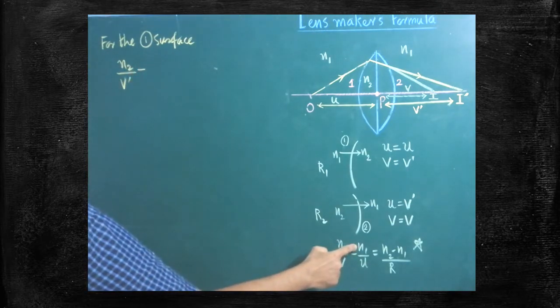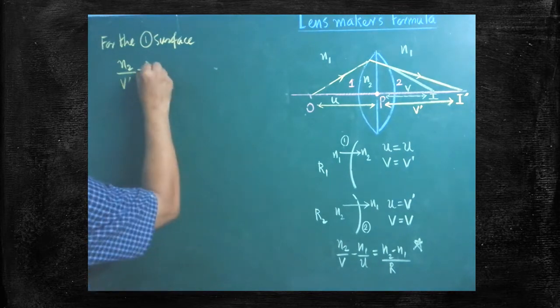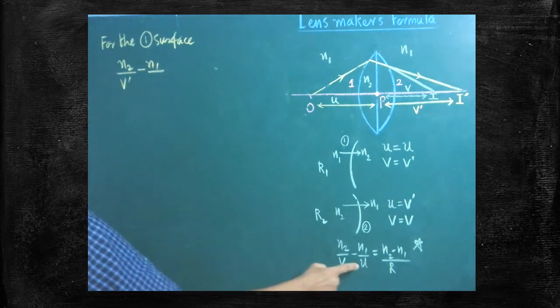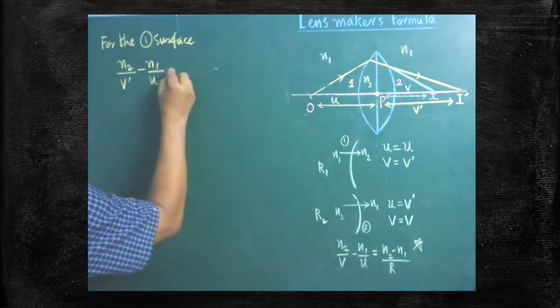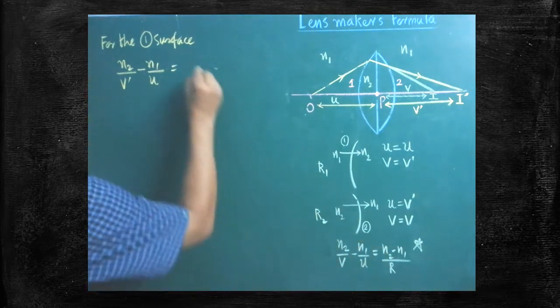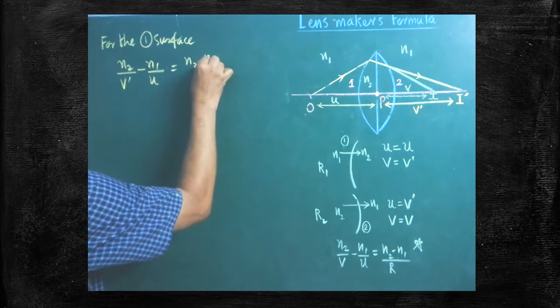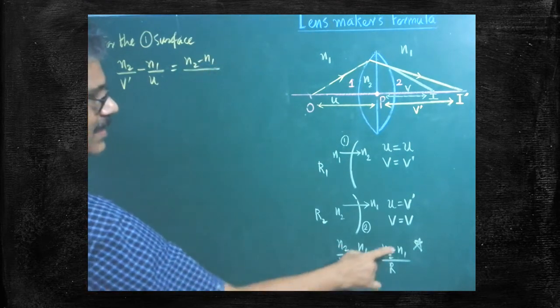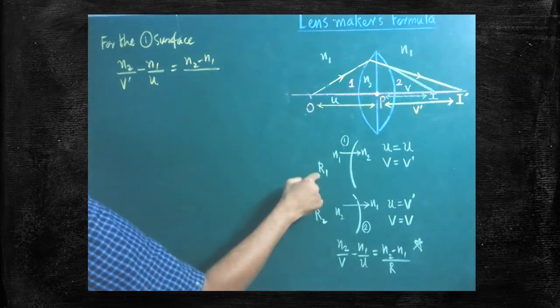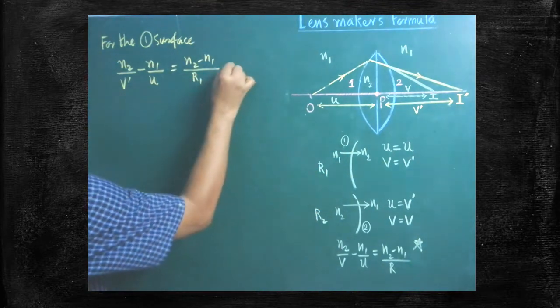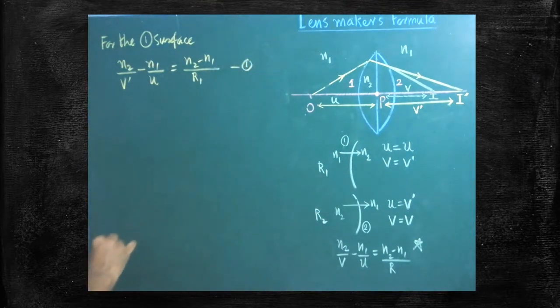What is N1? The first medium, N1 divided by U. Object distance is U, no change at all. As usual, we write N2 minus N1 whole divided by R, the radius of curvature. For the first surface, the radius of curvature is taken as R1. Therefore, this is called equation number 1.